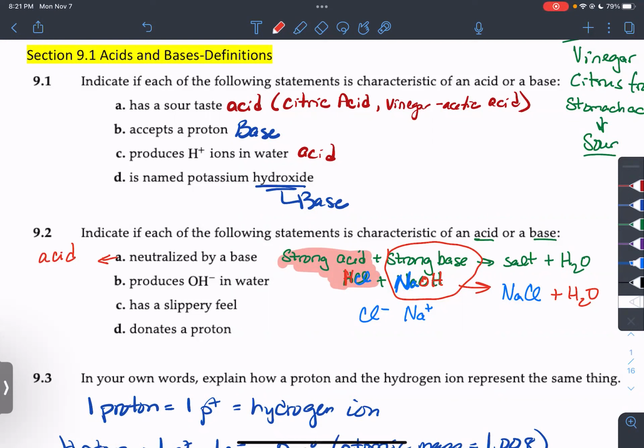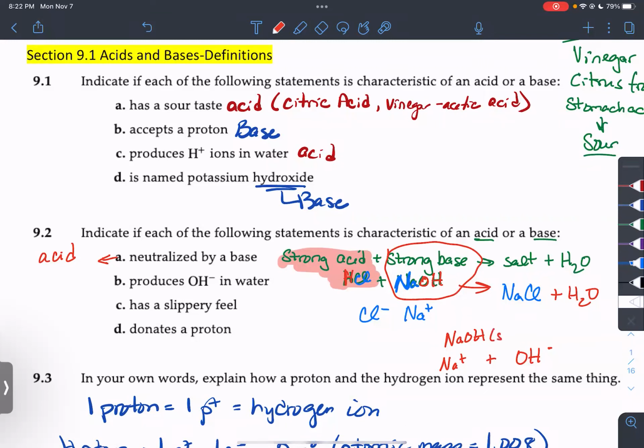All right, produces OH minus in water. So if I have my NaOH, I told you this was a base. If it dissociates, we said that we get Na plus, and then what else is in this molecule? Well, OH. If the Na is a plus, what is the OH? It's a minus. So what produces OH minus in water?